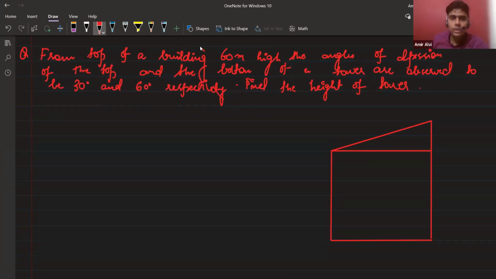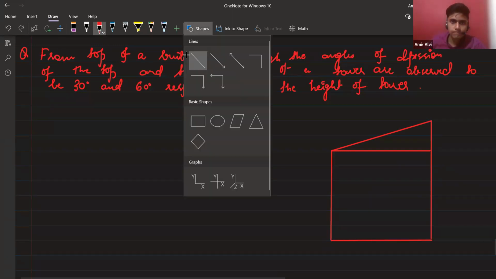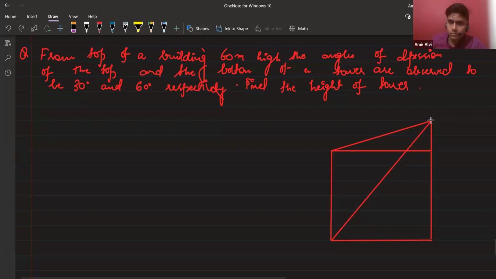So now you can see this angle from the bottom of a tower is nothing but the angle of depression. Just a second, I'm doing freehand drawing, so like this.